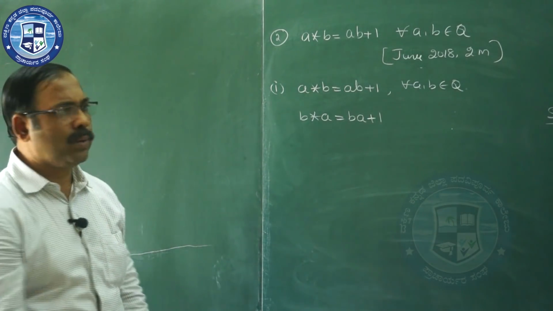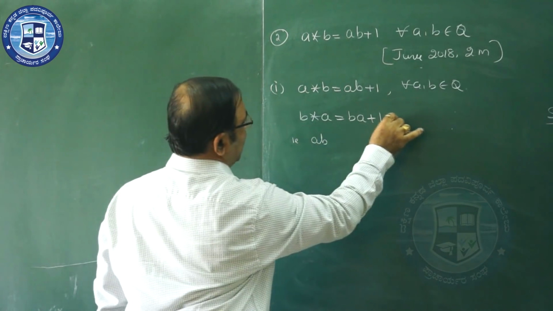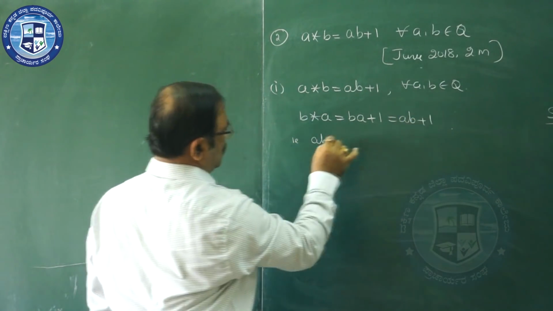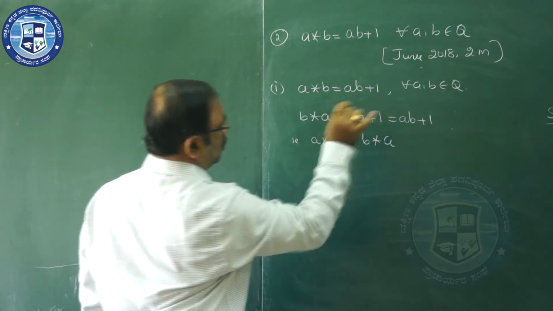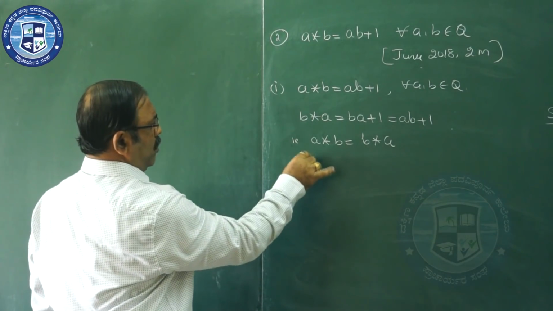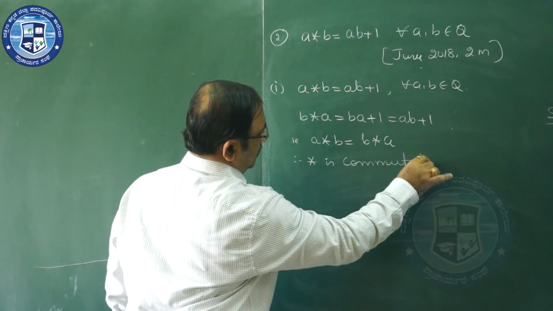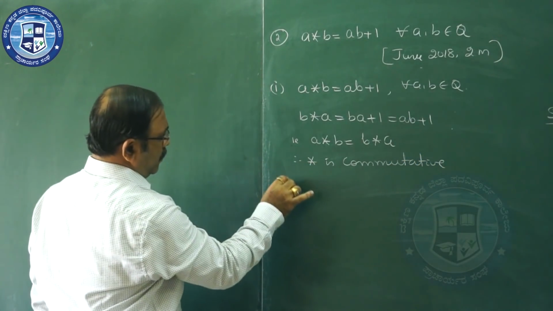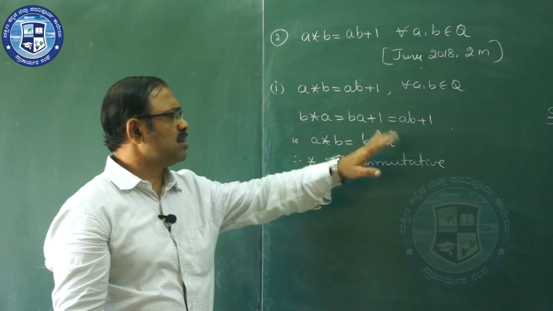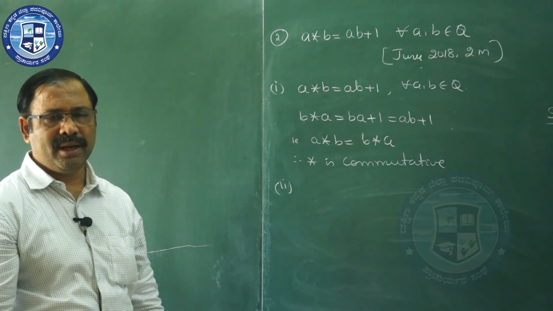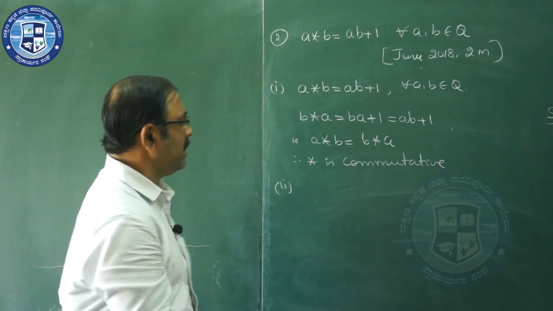That is same as AB plus 1. So A star B equals B star A. Therefore, star is commutative. Always AB equals BA.